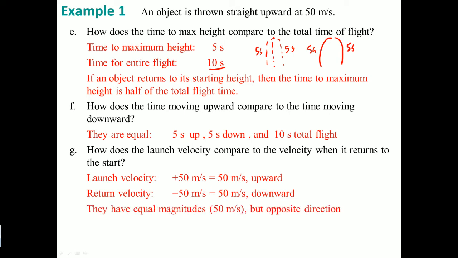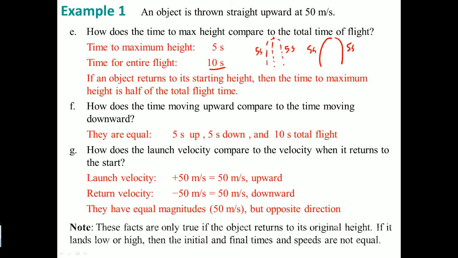Remember, they have equal magnitude. They're just in opposite direction. Notice, these facts are only true if the object returns to its original height. If it lands lower or higher, then the initial and final speeds are not equal. The reason why is because these are very symmetrical. It behaves like a parabola.